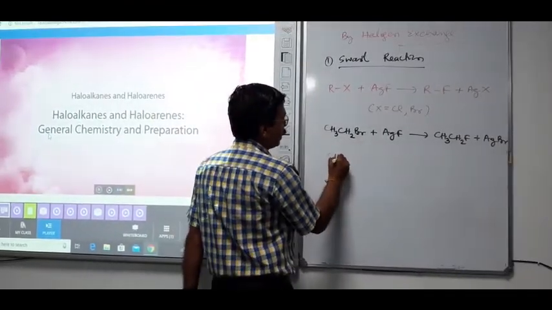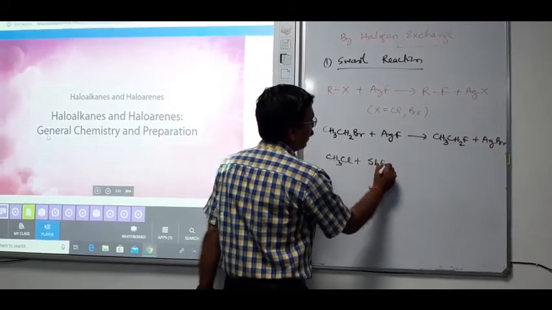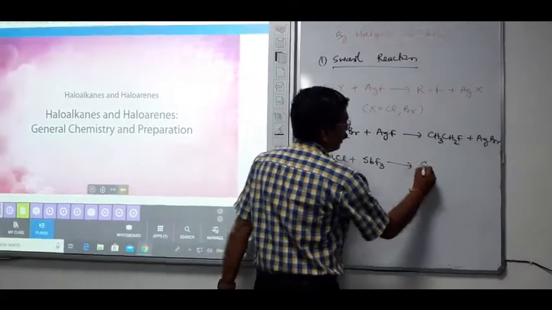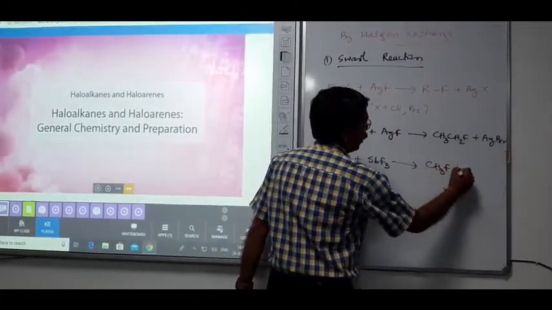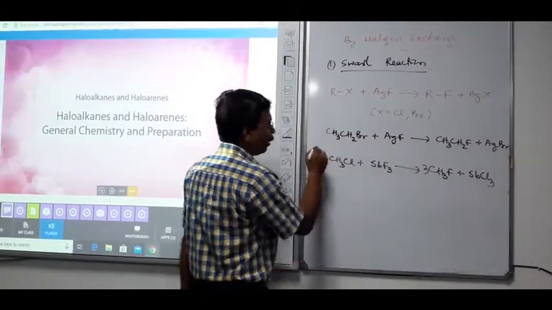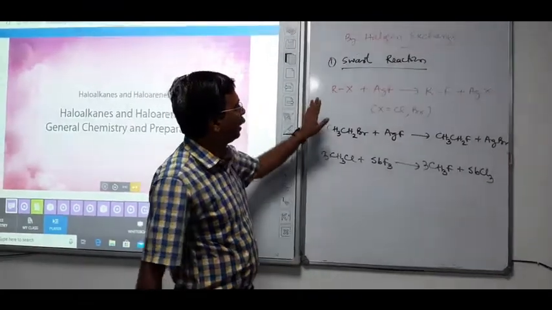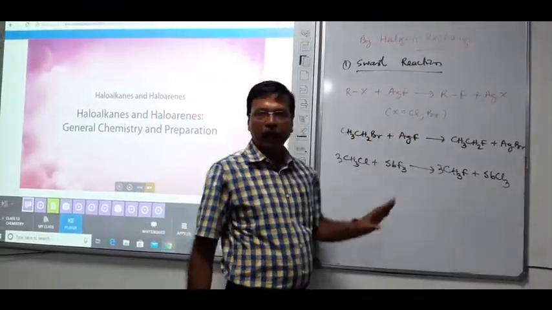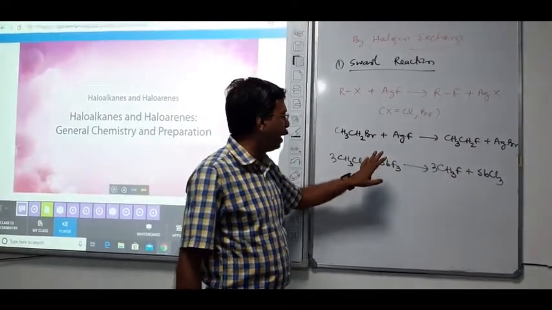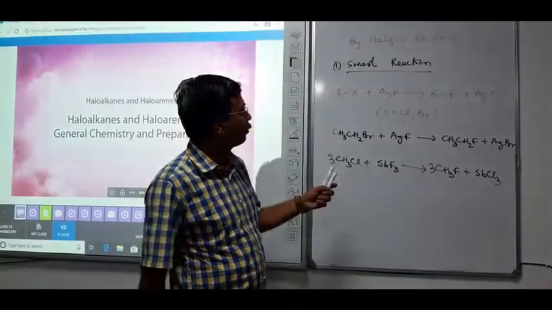If I take suppose CH3Cl, methyl chloride, CH3Cl plus SbF3, antimony fluoride, the product will be CH3F plus SbCl3. You can just balance it by multiplying by 3. So this is your Swarts reaction. In Swarts reaction, the alkyl chloride or bromide can be converted to the corresponding fluoride by treatment with metal fluoride like silver fluoride, mercurous fluoride, and antimony fluoride like this. Cobalt fluoride also you can take.